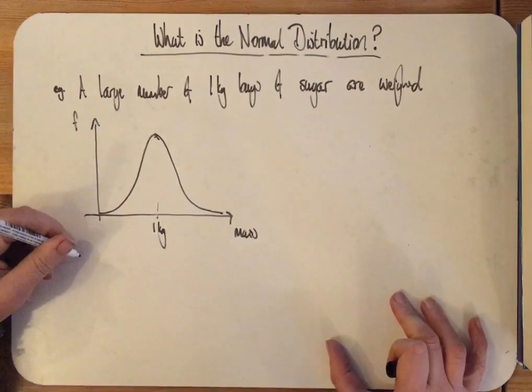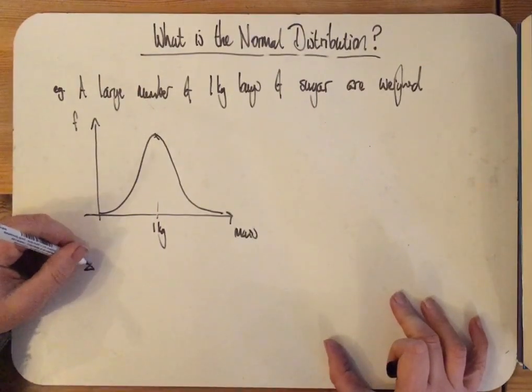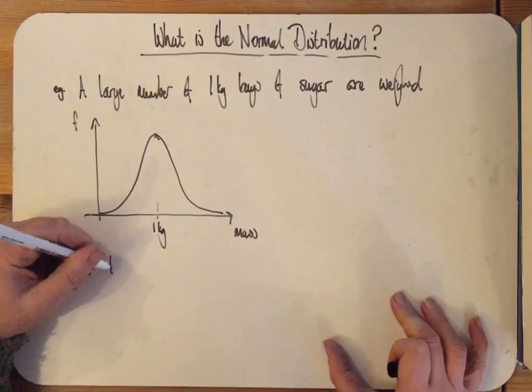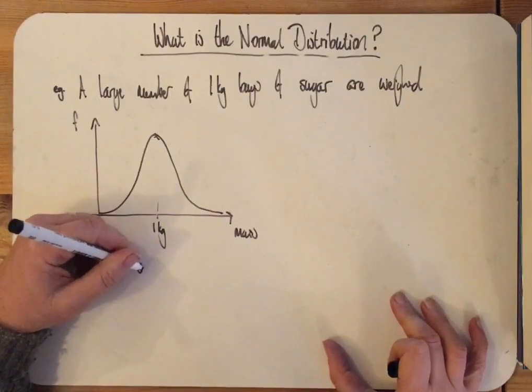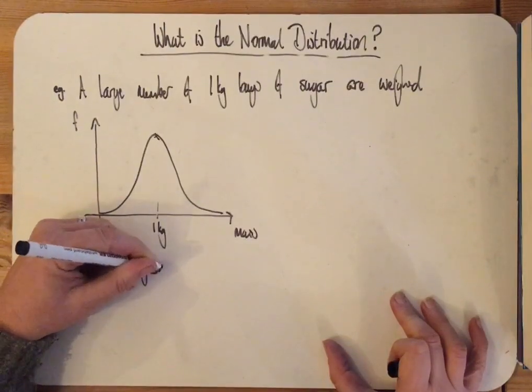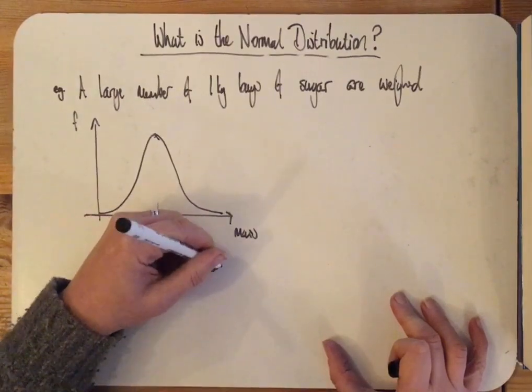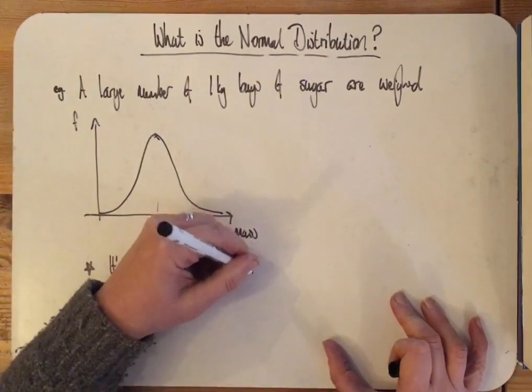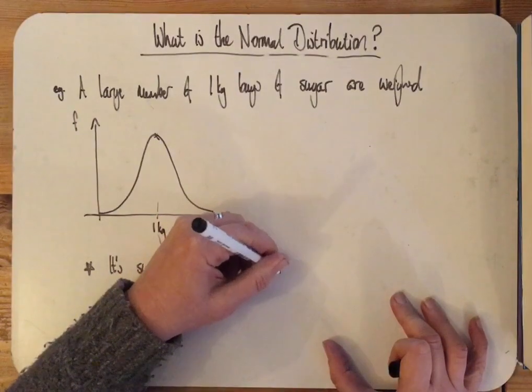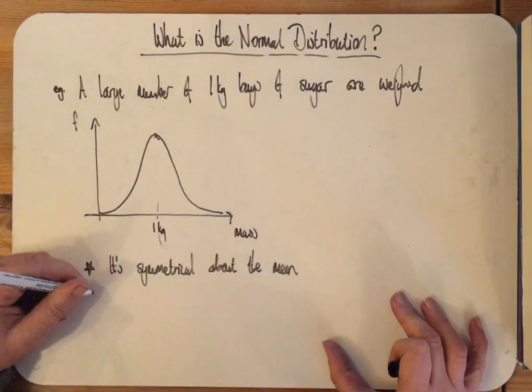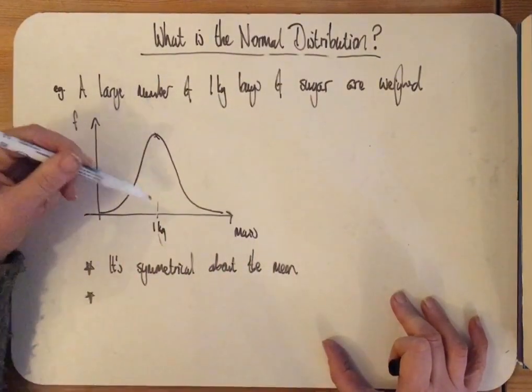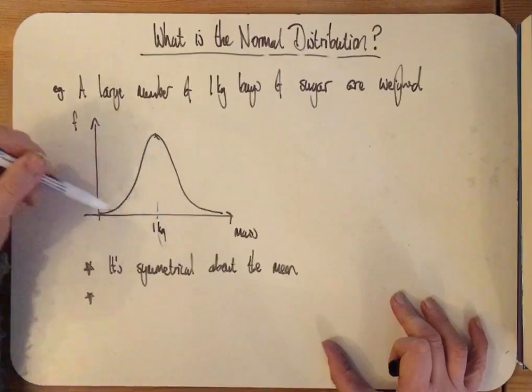And the two key things is it's symmetrical about the mean, and the second thing is it's got more values close to the mean than further away.